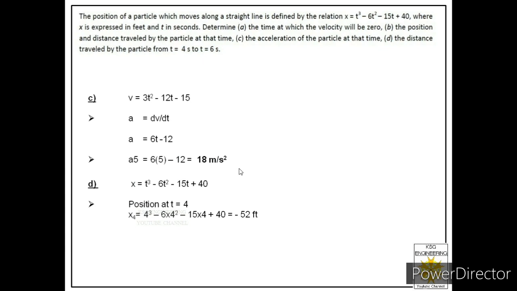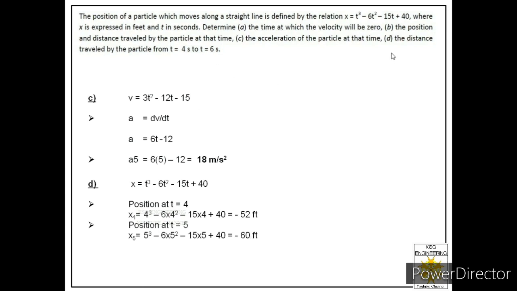And in the B part, we have calculated up to t equal to 5 seconds. When we put the value of t equal to 5 in this particular equation, you will get the position of the particle at time equal to 5 seconds, and that will be equal to minus 60 feet. So these two values we have already calculated in the B part.